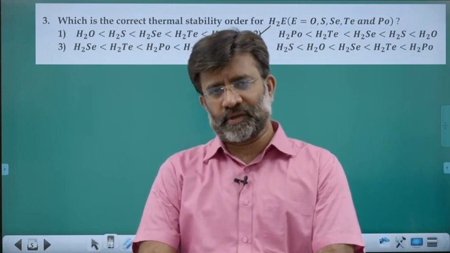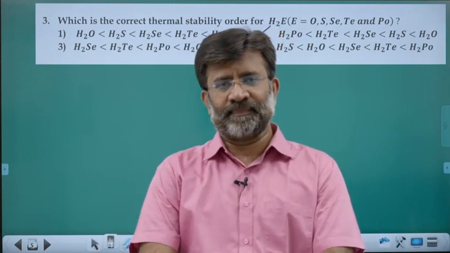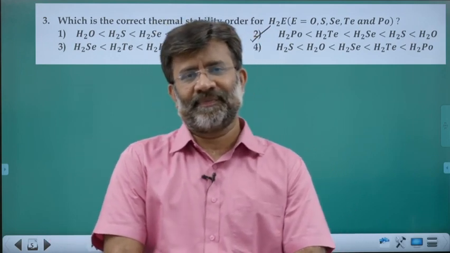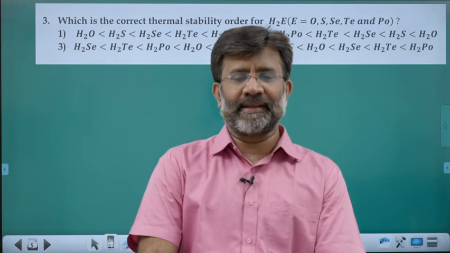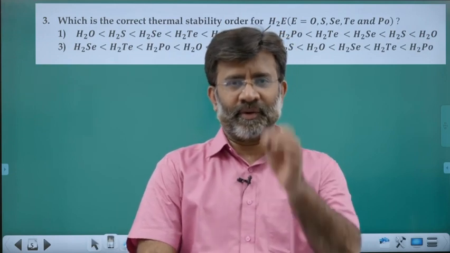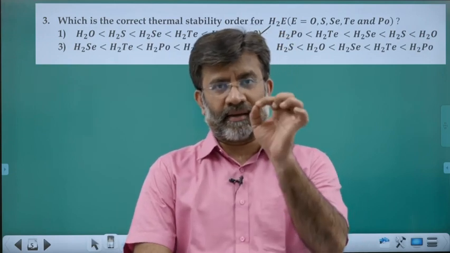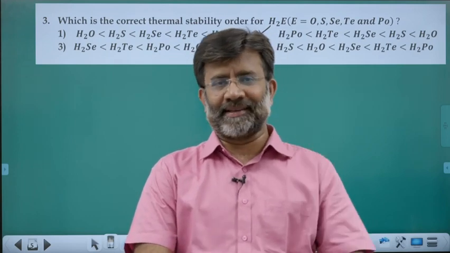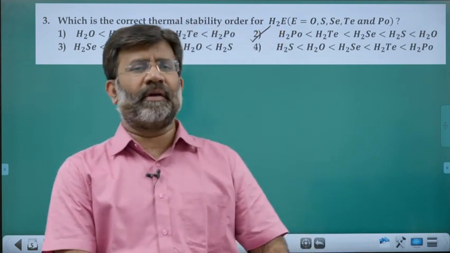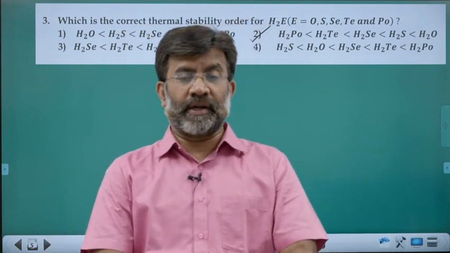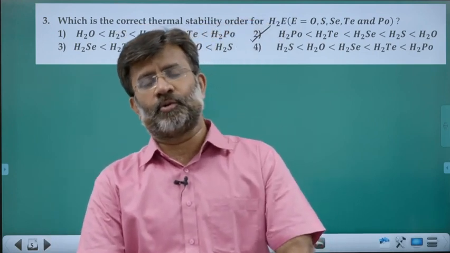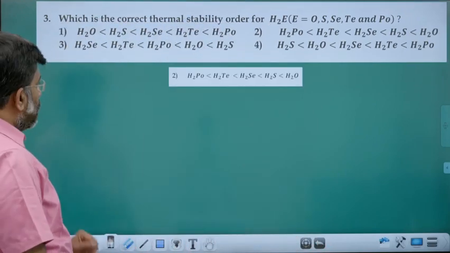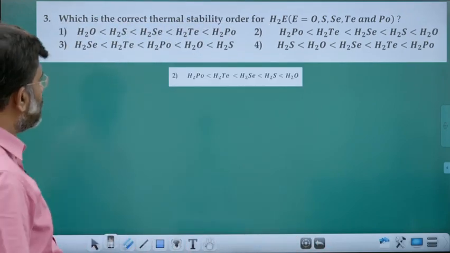Bond dissociation enthalpy decreases. Dissociation constant increases. Ka value increases. pKa value decreases. Bond angle decreases. Reducing property increases. So these are important points connecting to the trends of properties concerned to the hydrides. You need to remember. The answer is no doubt the second choice.